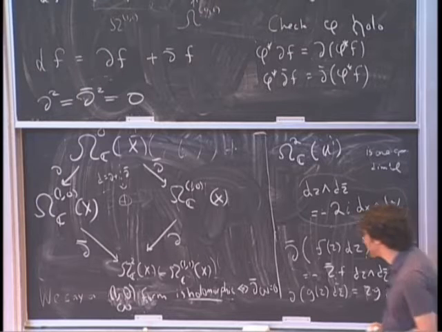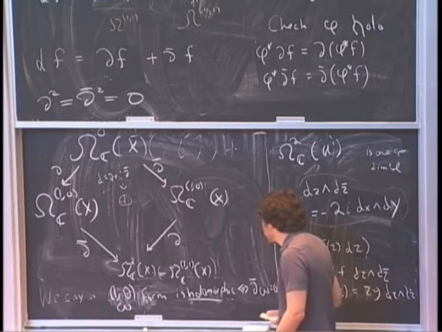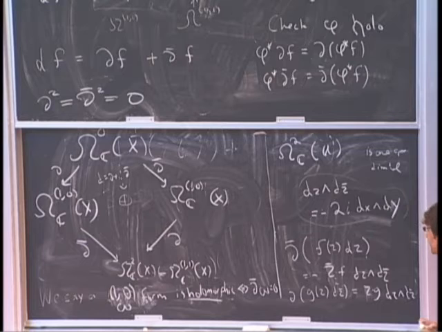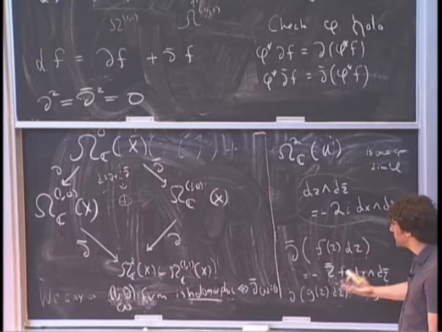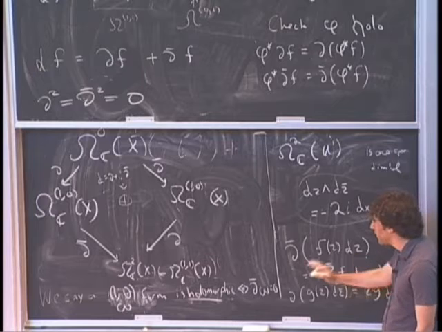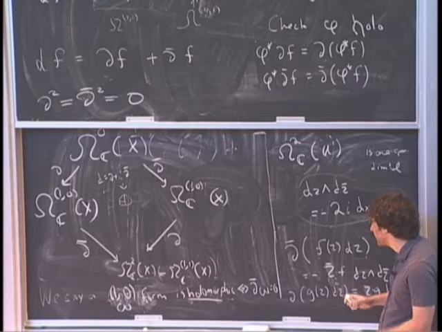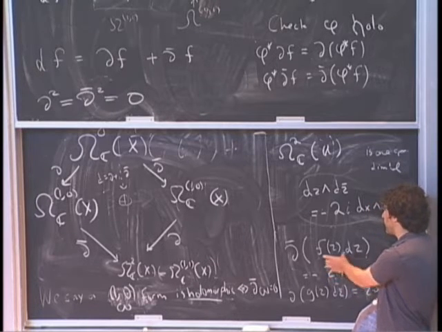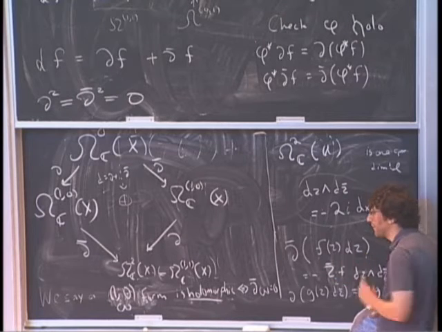Okay, so, right, and again, by what I just said, it's easy to check that a 1,0 form is holomorphic if and only if in local coordinates it's a holomorphic function times dz. Okay.